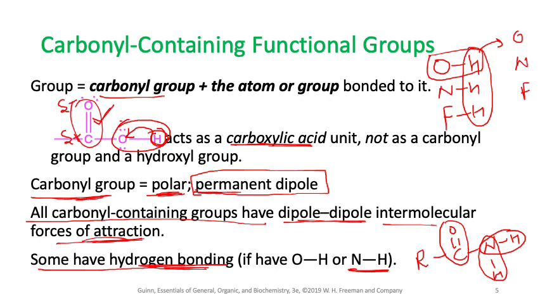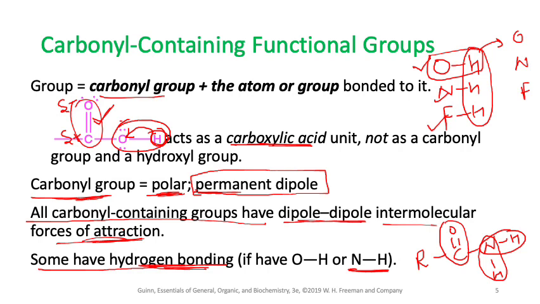So it can also form two kinds of interaction. So this is the way you can recognize which kind of interaction they can form. If you don't have any of these bonds, nitrogen-hydrogen, fluorine-hydrogen, oxygen-hydrogen, in that particular functional group, that means that carbonyl containing functional group can only form a dipole intermolecular force, not a hydrogen bond.